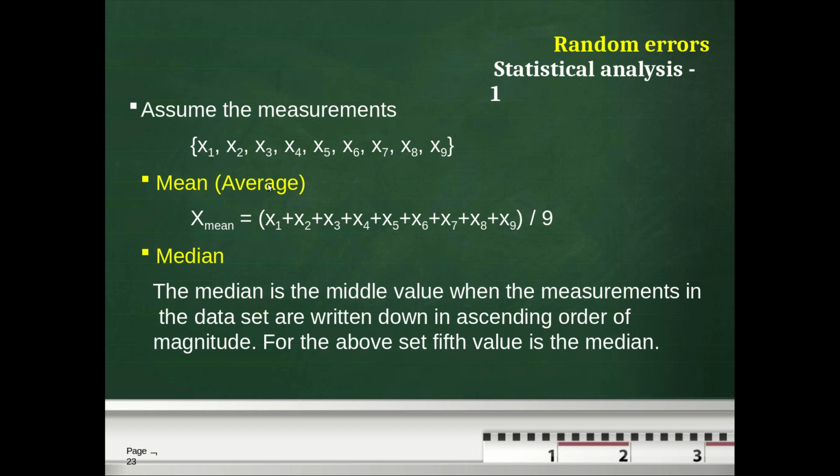For example, assuming that we have measurements like this, x1, x2, x3 for the same value that you want to measure, you can take the average, or you can take the median, meaning the value in the middle of the data set.